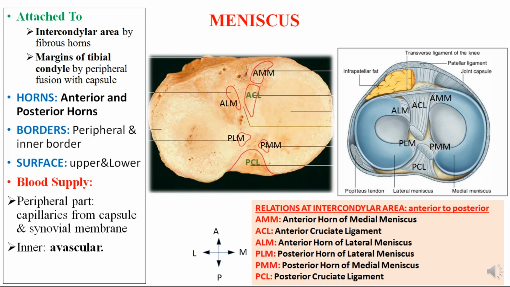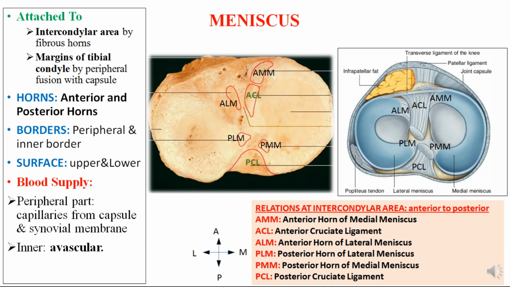So for the longer medial meniscus, the horns should be farther apart. So the first attachment in the intercondylar area should be that of the anterior horn of medial meniscus, and the last attachment for the meniscus should be for the posterior horn of medial meniscus. Because the lateral meniscus is smaller in anteroposterior extent, both its anterior and posterior horns will be closer, right?